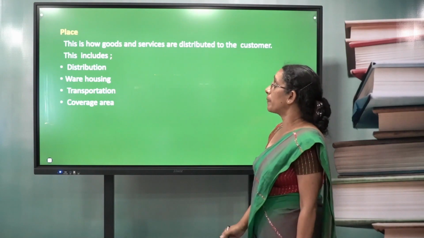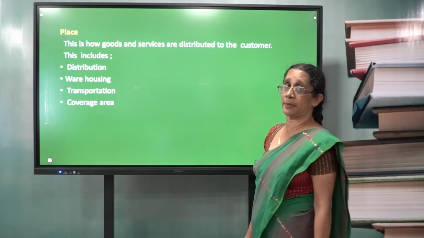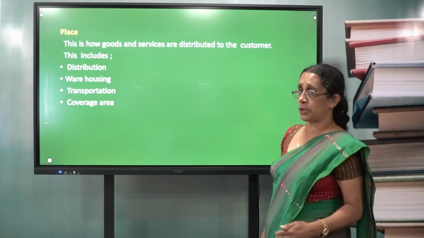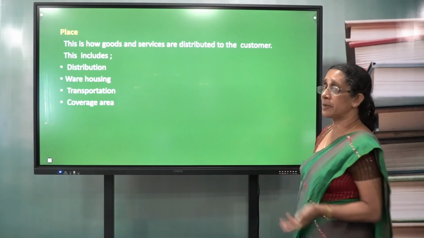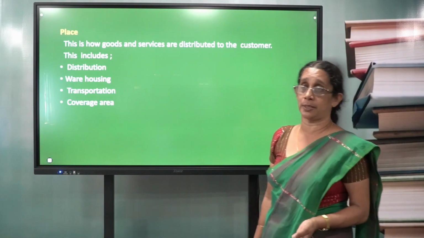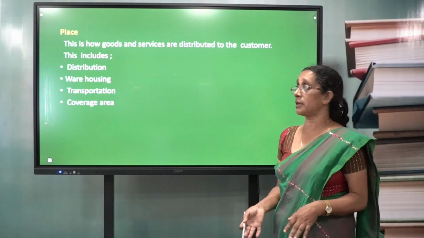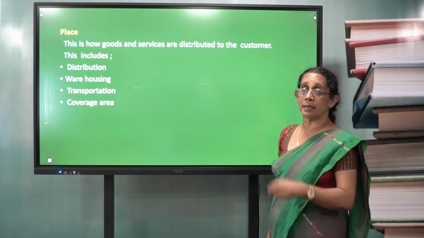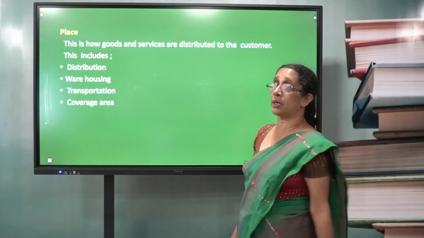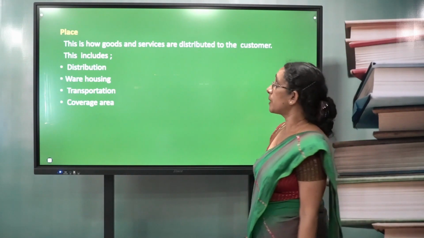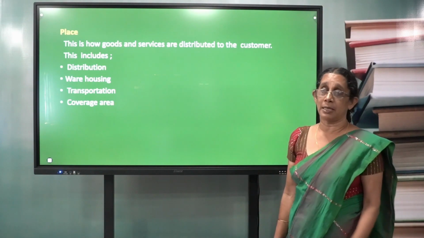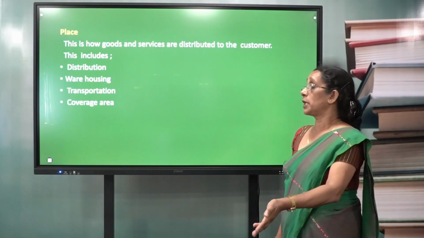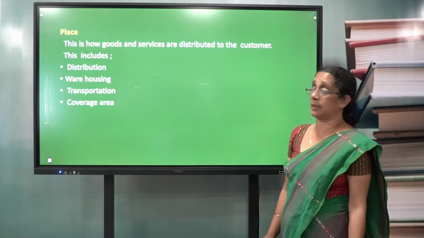Distribution: when a product is distributed to a customer, the manufacturer or businessman can use various ways. Sometimes the businessman or the producer, if they are manufacturing products, can directly sell the good to the customer. Or sometimes they can sell through intermediaries, that means maybe through retailers or wholesalers.